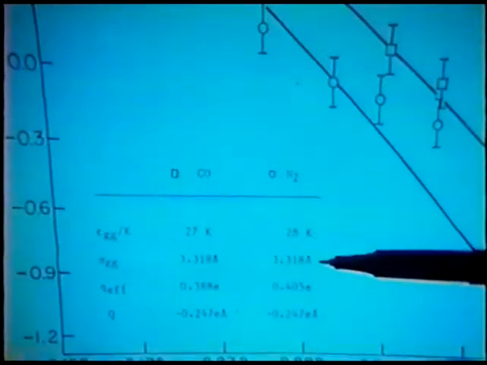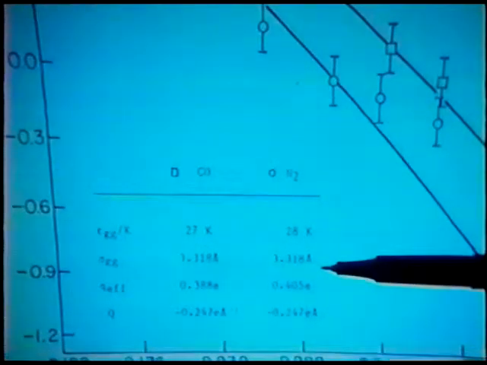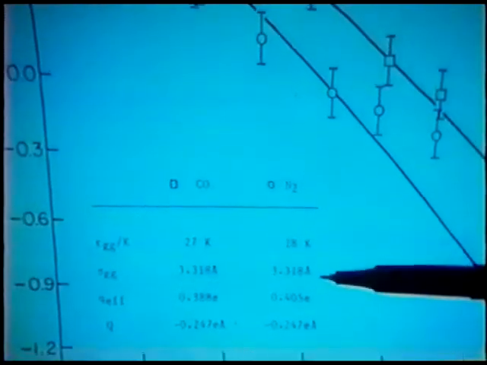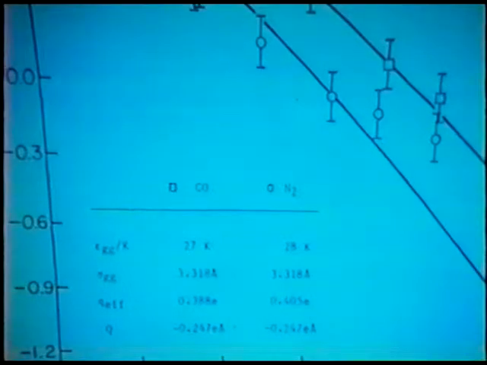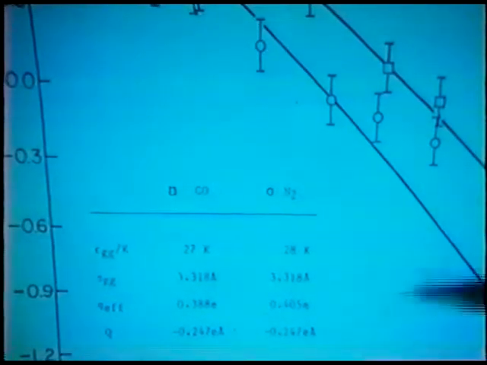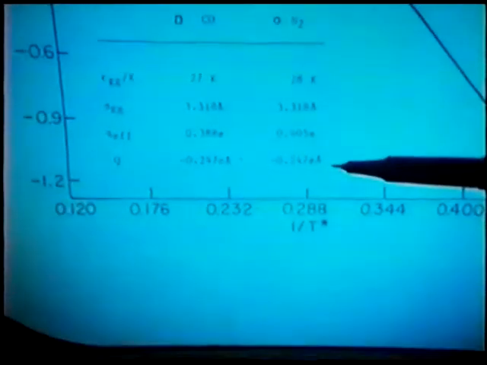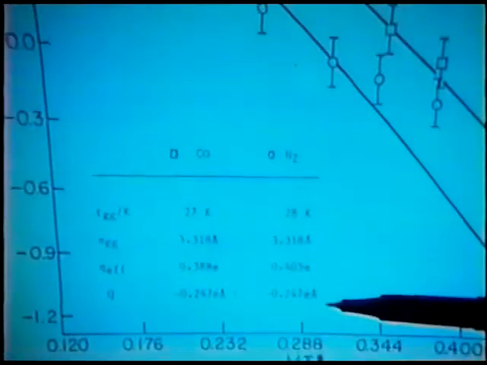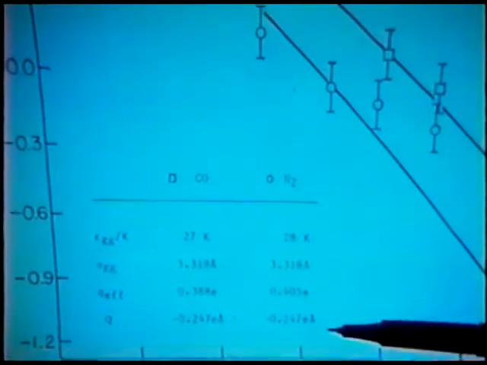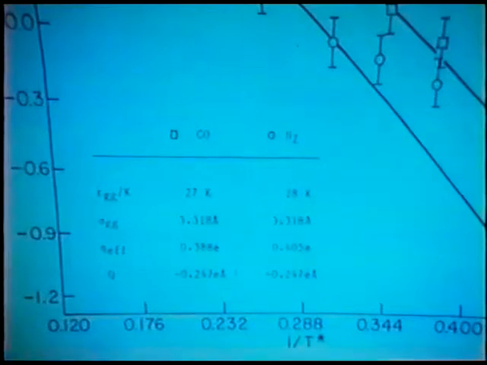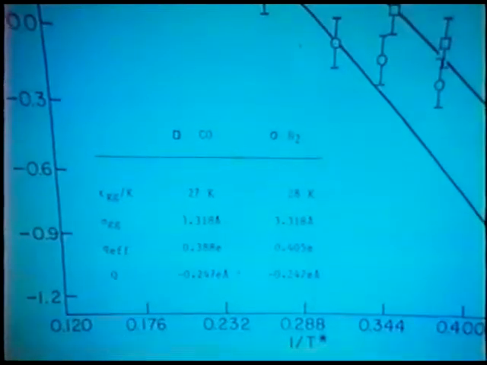The well depths and the sigma values are virtually identical for nitrogen and carbon monoxide, just as in the case for the bulk virial coefficients. However, the surprising result is that the quadrupole moment for both is identical as well, rather than being scaled by the quadrupole moment as was the case for the bulk data.